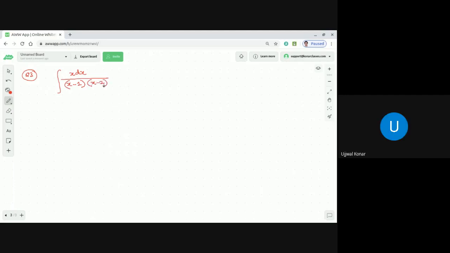Here also, if you apply your basic intuition, how I can express this in terms of reciprocals, sum or differences of linear expressions, if you play with your knowledge of algebra, you will get something like this: 2 by x minus 2 minus 1 by x minus 1. Correct, na?